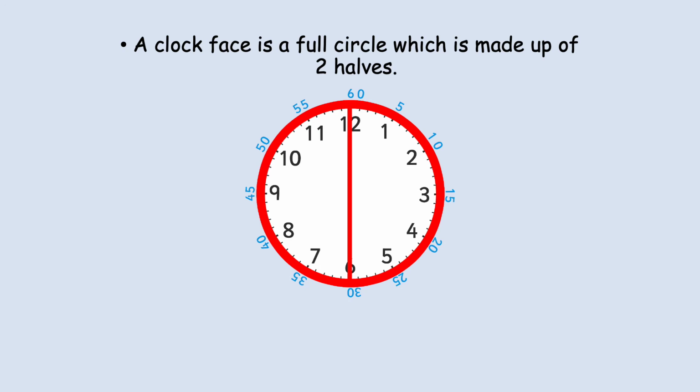And we can see on this clock face that you can count around the clock face in 5s. We're really good at counting in 5s. Shall we do that? 5, 10, 15, 20, 25, 30, 35, 40, 45, 50, 55, 60. Why does it go up to 60? Because there are 60 minutes in an hour.